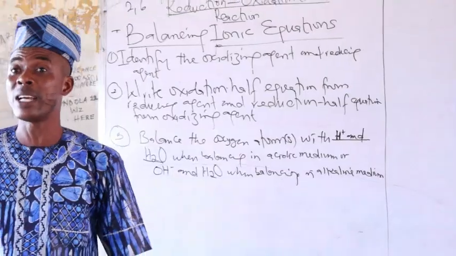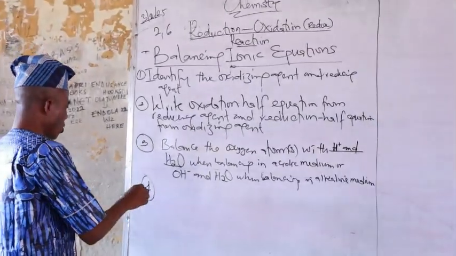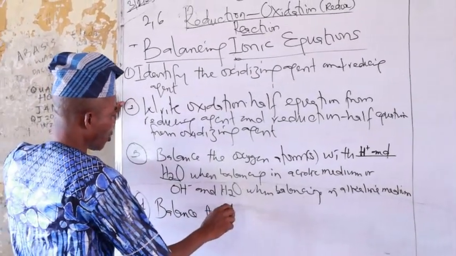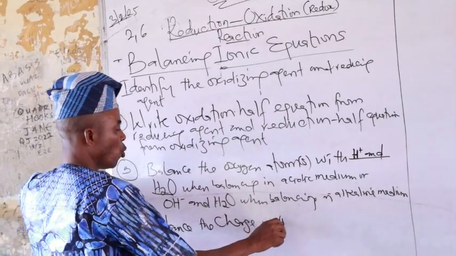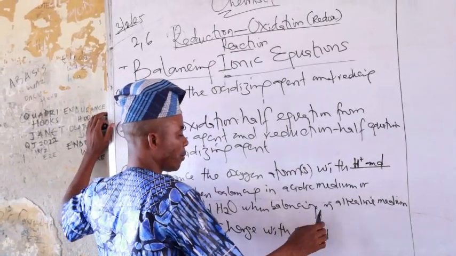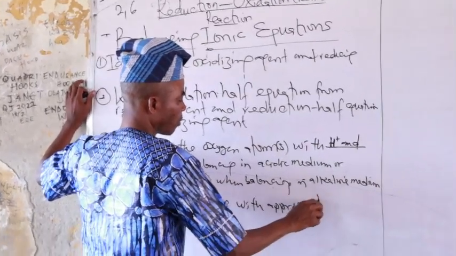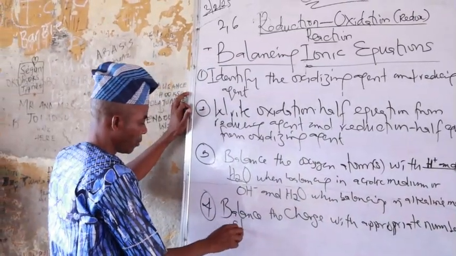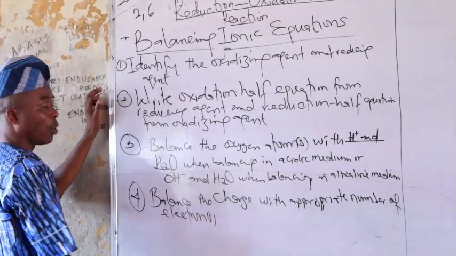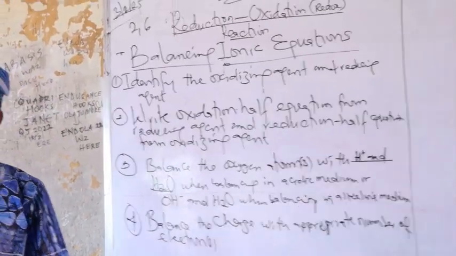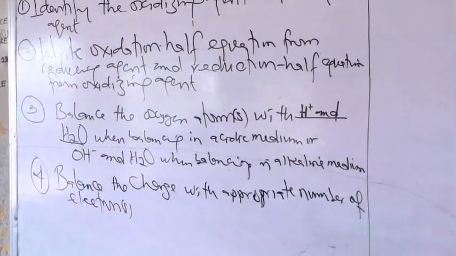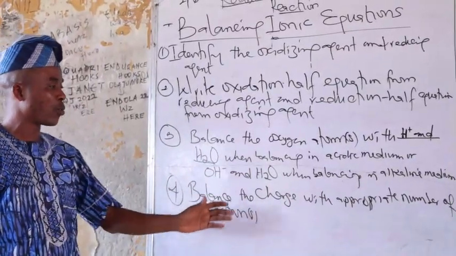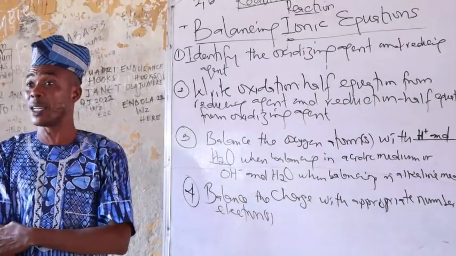Now, the next step is to balance the charge with appropriate number of electrons.